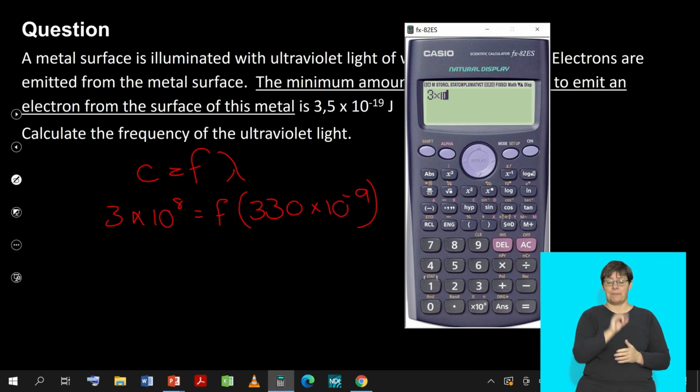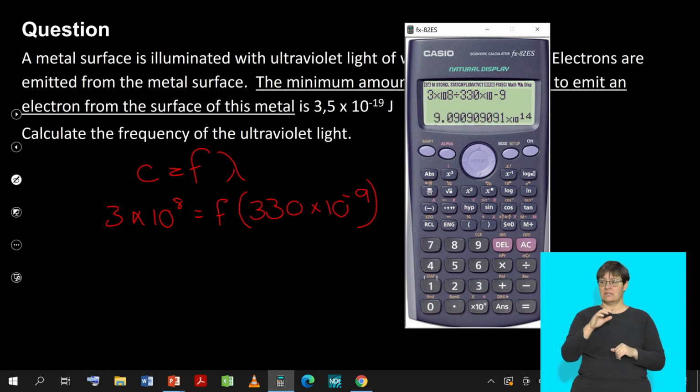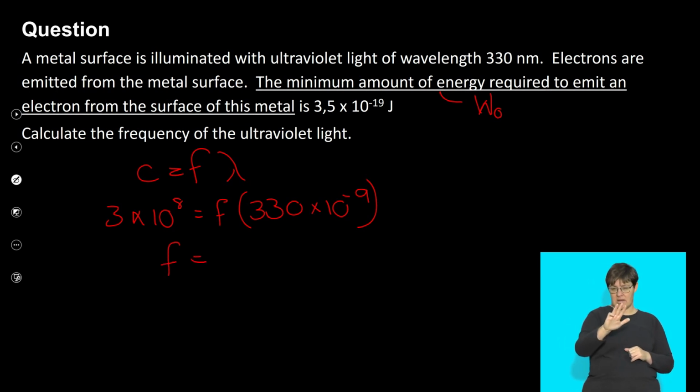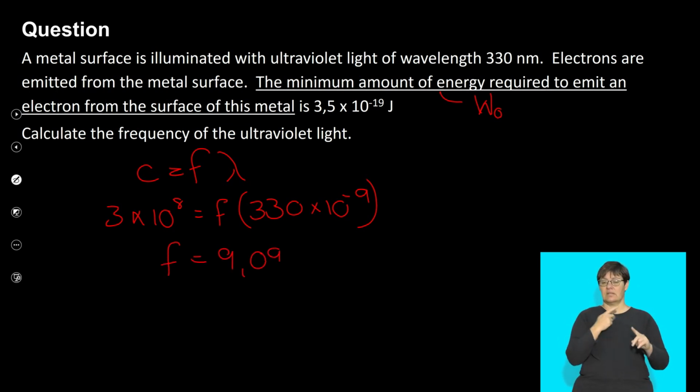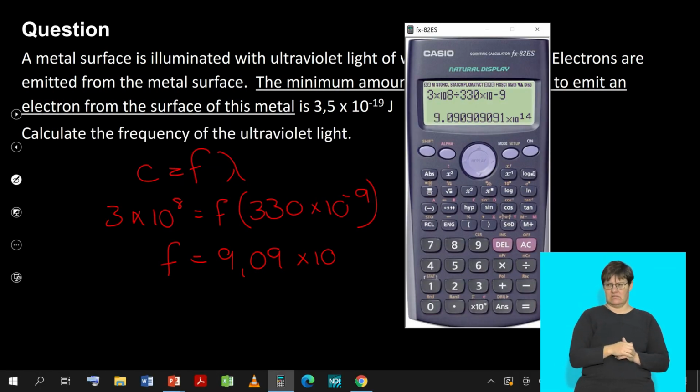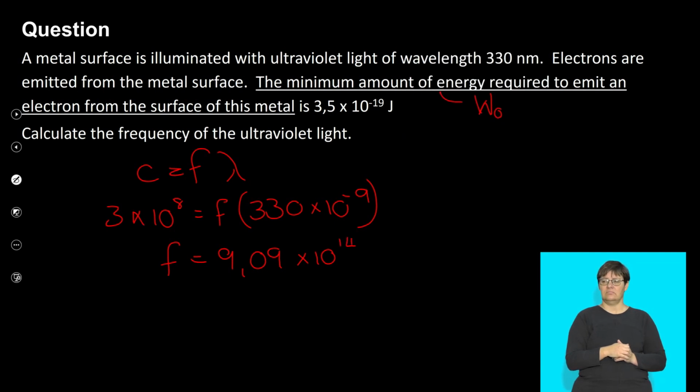So 3 times 10 to the 8 divided by 330 times 10 to the minus 9, and 9.09. Make sure you remember times 10 to the 14. I was about to look in the wrong place. And I'm happy with that.